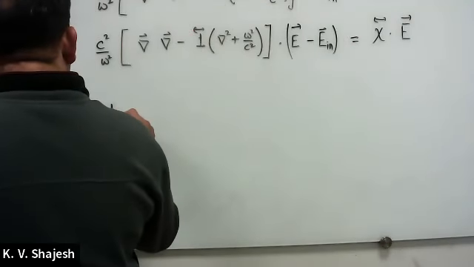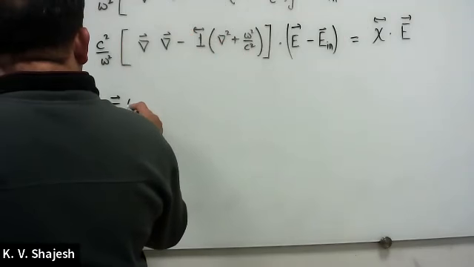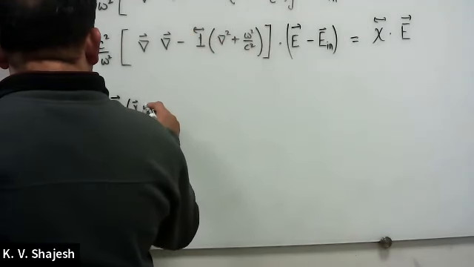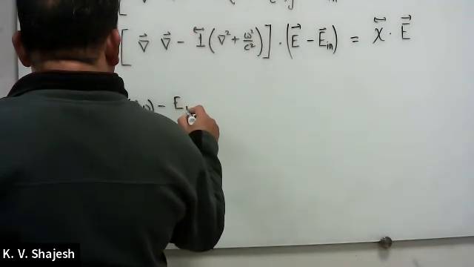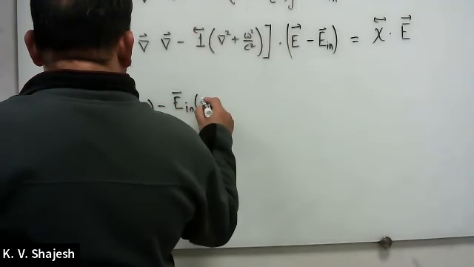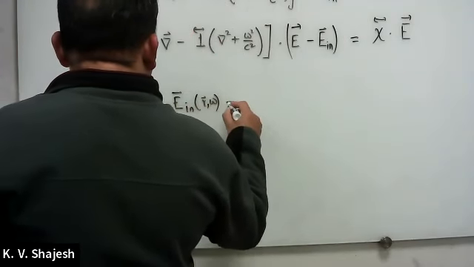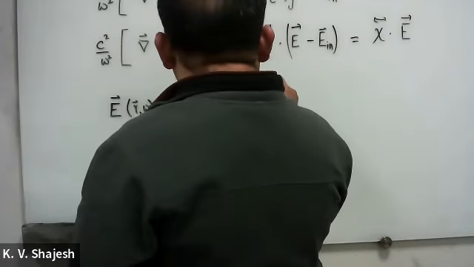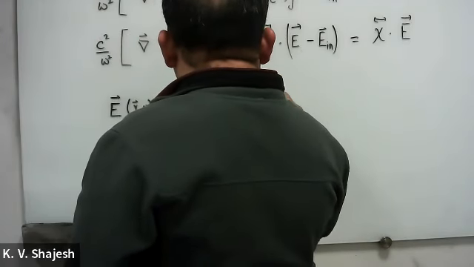And I have E of r, omega minus E incident of r, omega is equal to the Green's dyadic in a spatial integral.